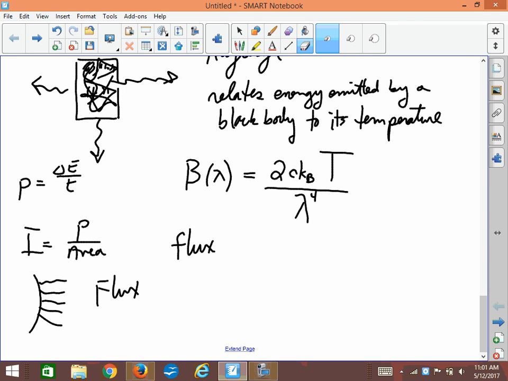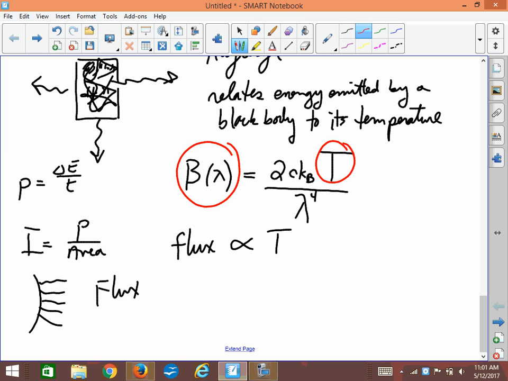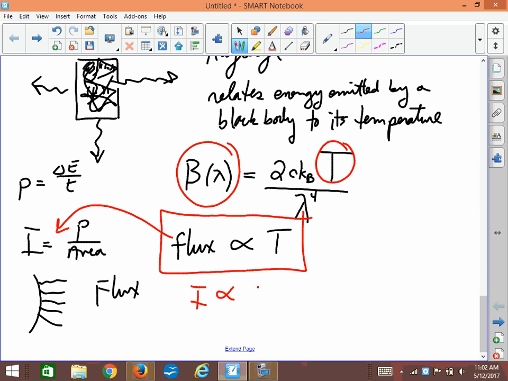And what I want to write here is that this flux is proportional to the temperature. You see how they're both on top, so if one gets bigger, the other gets bigger. Well, this is a very important statement. Since flux is related to the intensity, what this means is that intensity then should be related to the temperature. So that means that if the temperature goes up, the intensity must go up.